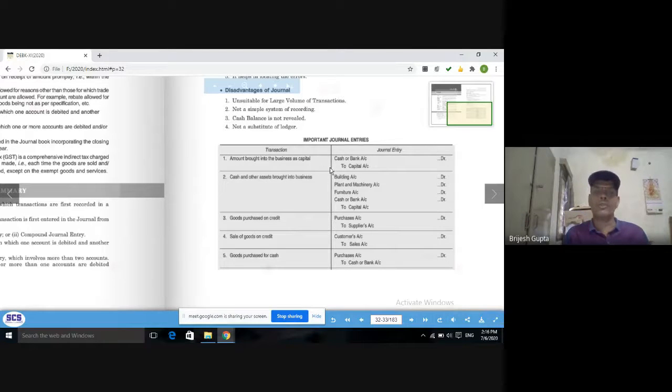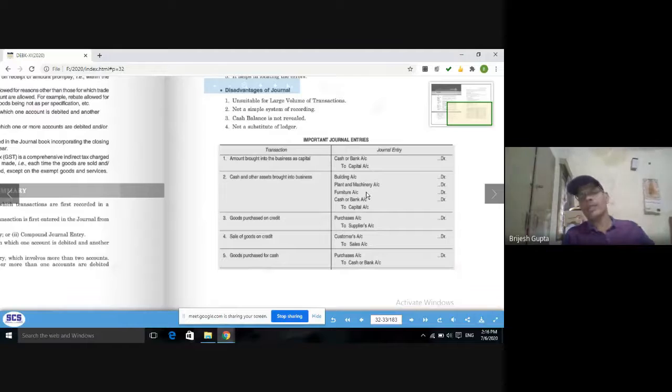I also told you that business can be started not only with cash but with some other assets also. So here are other assets in this entry. Business is started not only with cash but with building, plant and machinery, furniture and cash. All four things are invested. So what will be the entry? Whatever assets are invested, they are coming in the business.